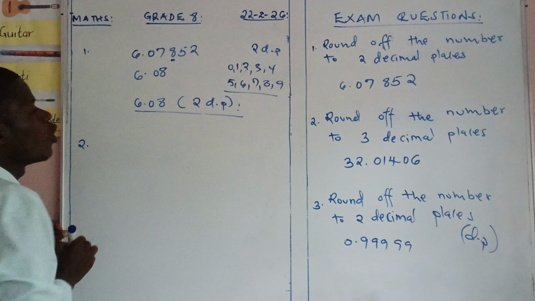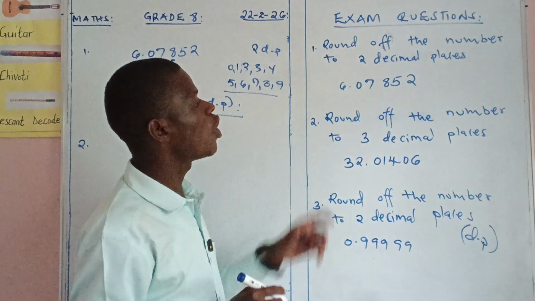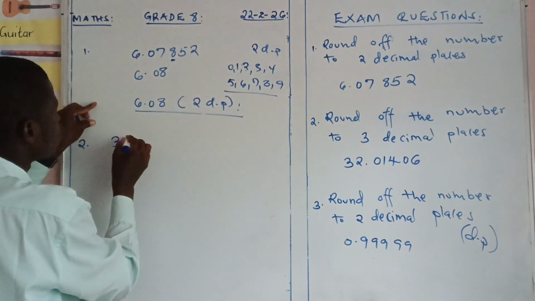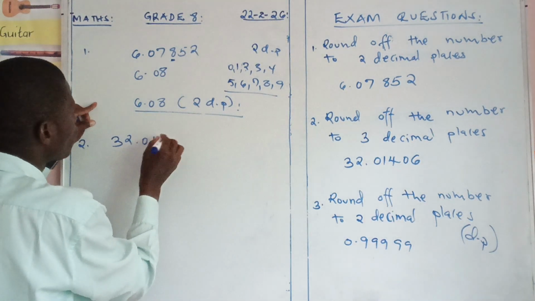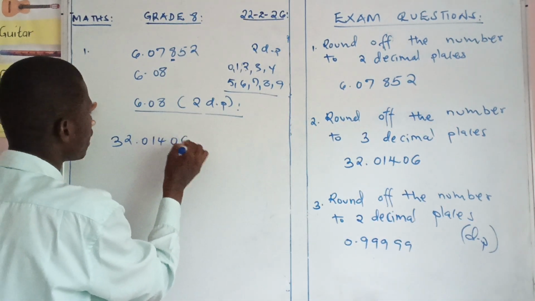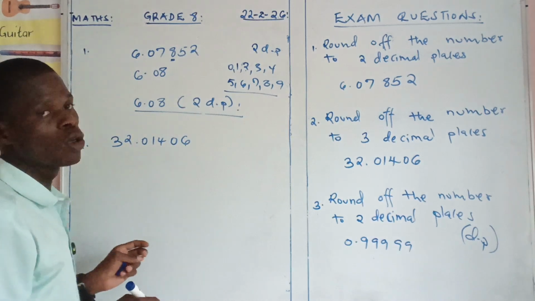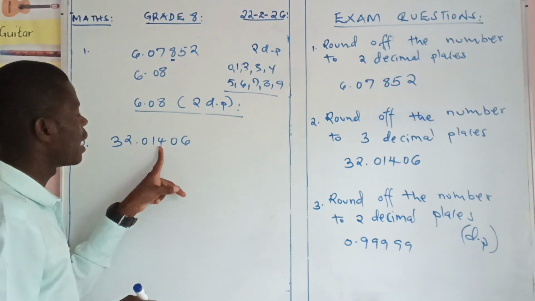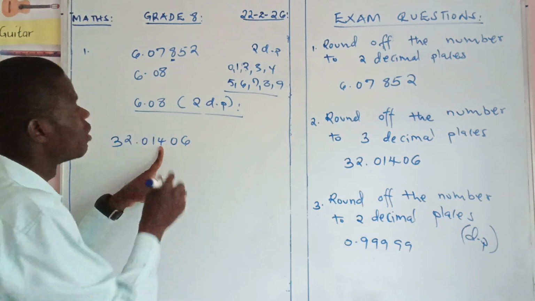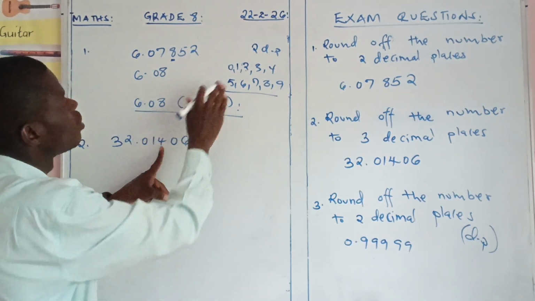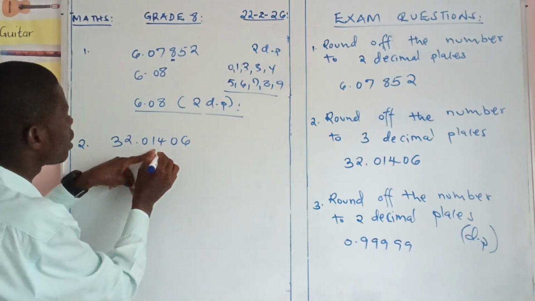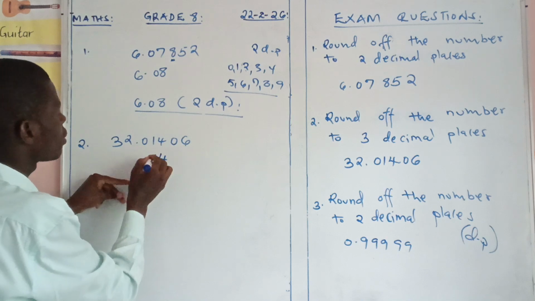Number 2. What do I have as my number 2? Round off the number to 3 decimal places. The number is 32.01406. So round off to 3 decimal places. The first decimal place is 0. Second, third. So this 4 is what I'm rounding. The number to the right of it is 0. 0 falls under this category, so I round down by maintaining 4 there.